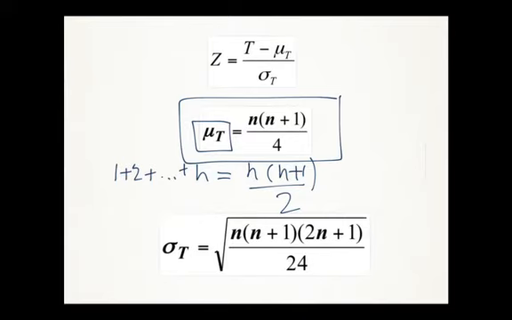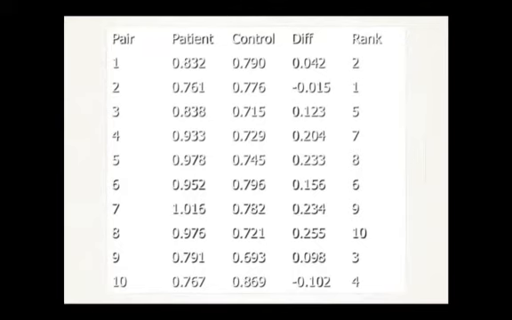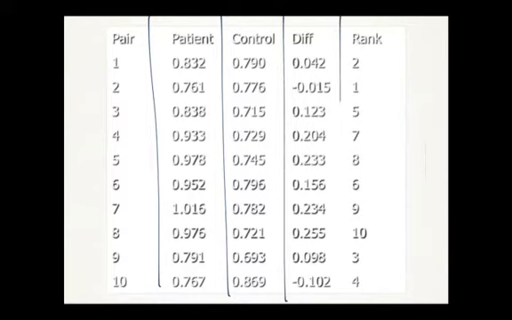All right. So for our results, let's go back to this particular example that we're working with, which was here. Remember we said that mu sub t is the sum of the positive ranks. So where are the positive ranks in this example?